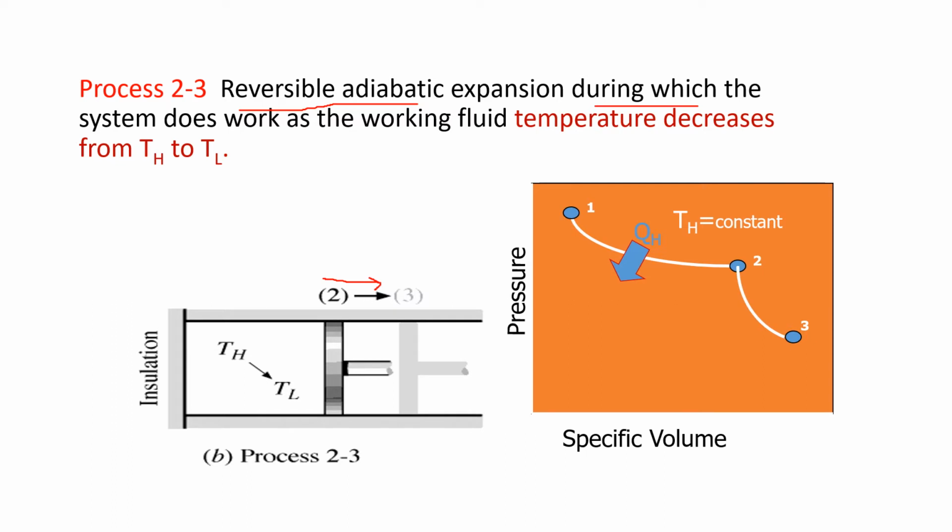During this, the system does work as working fluid, and the temperature decreases from TH to TL. So inside here, the temperature is going from TH to TL, and the pressure is becoming lower and lower as the piston moves backwards.